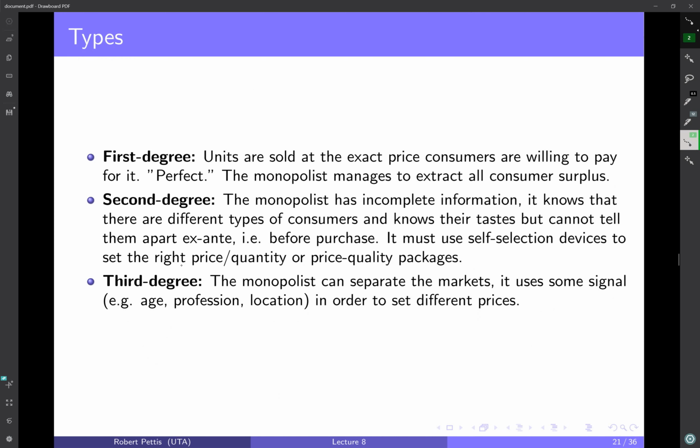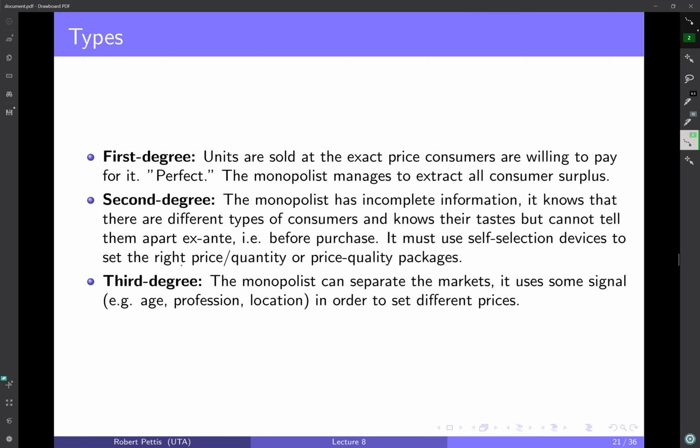Okay, so what are the different types of price discrimination? Well, first degree is what we call perfect price discrimination. That's where you're able to charge each consumer exactly the amount that they value the good. This is really hard to do, obviously. How in the world is this monopolist going to know exactly how much you value it? But if you're able to do that, then you're able to extract all the consumer surplus from the consumers and make that all producer surplus.